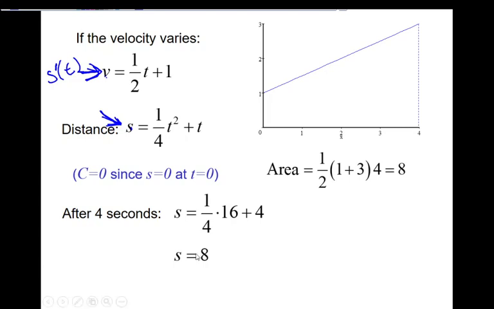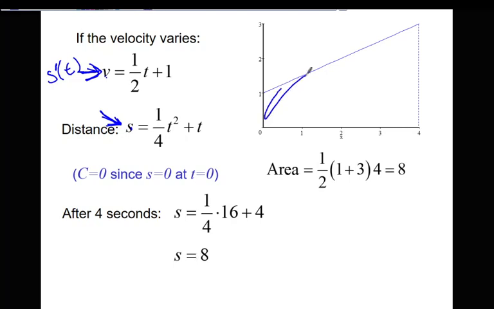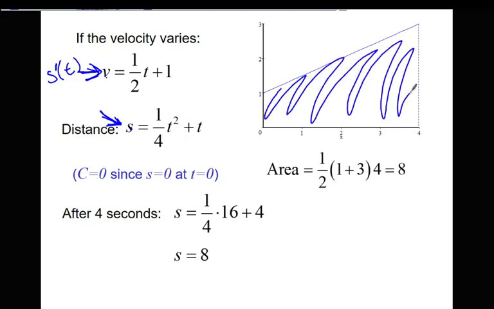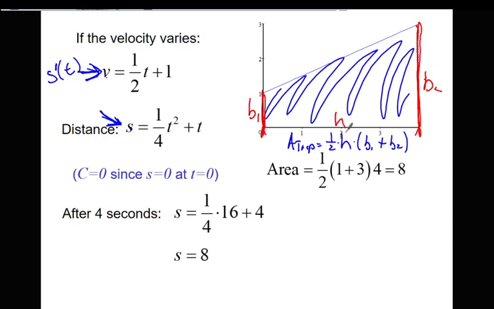But if I use this picture and find this area right here, because it's a trapezoid, the area of a trapezoid is 1/2 height times base 1 plus base 2. You can see this is base 1, this is base 2, and from here to here, that is the height. And that area is also 8.